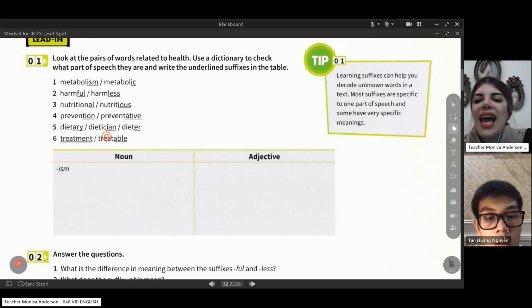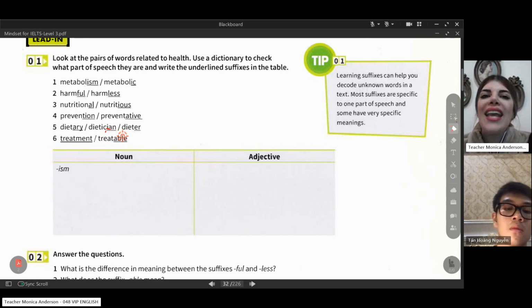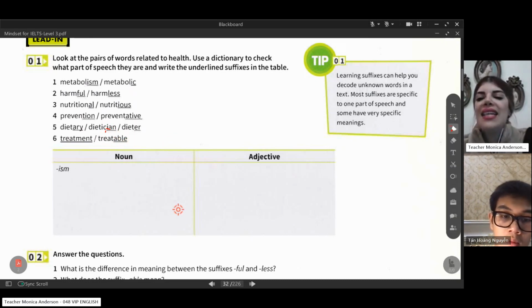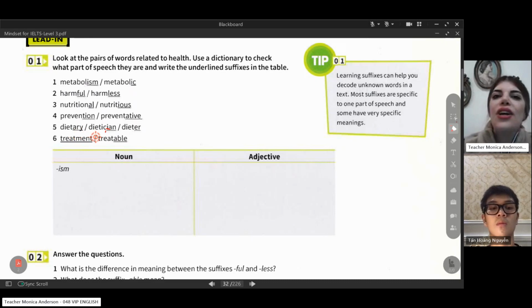And we have cian, we say ian, but because of the c, this part, ian, is a suffix that can make a noun again. And ary is an adjective suffix. When we add ary to the end of the word, we make an adjective.